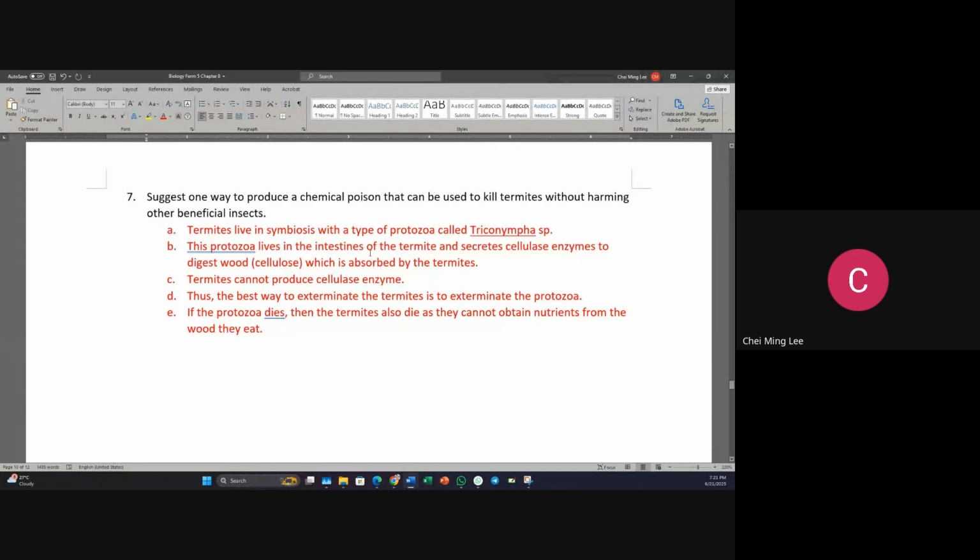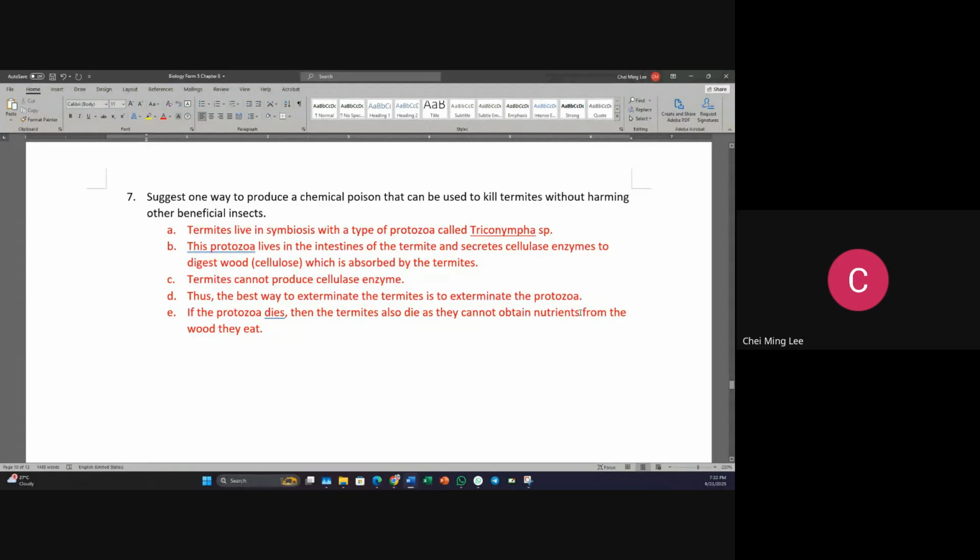They live in the intestines of termites and secrete the cellulase enzyme to digest the wood, which is cellulose, and it is then absorbed by the termite. So termites cannot produce cellulase enzyme. So the best way is to exterminate the protozoa. If the protozoa die, then the termite will die because they cannot obtain any nutrients from the wood they eat.